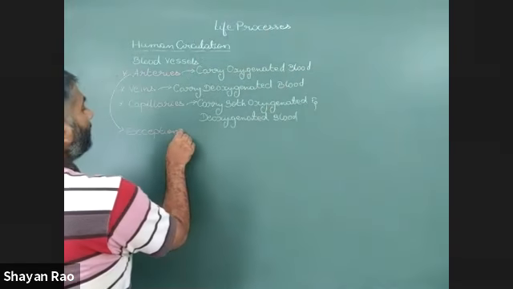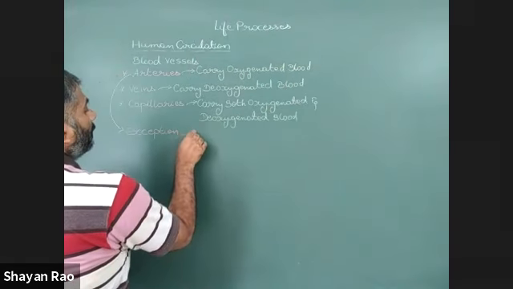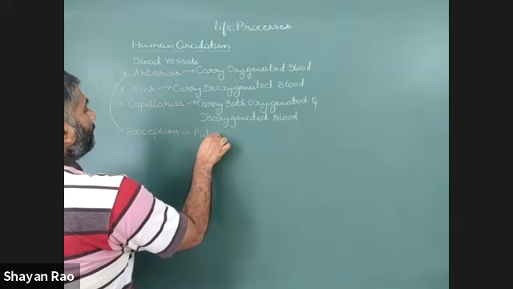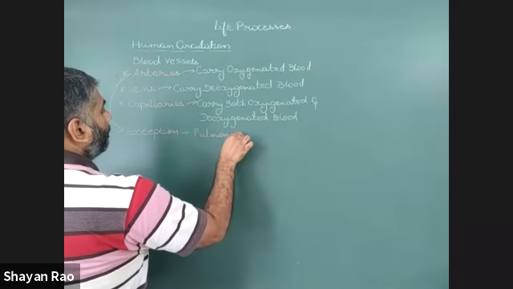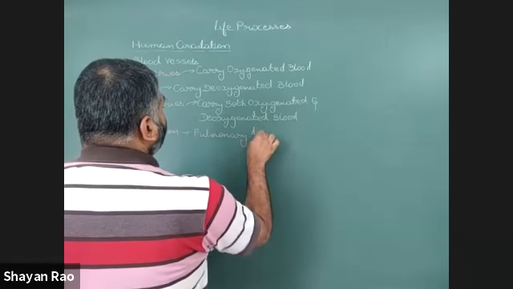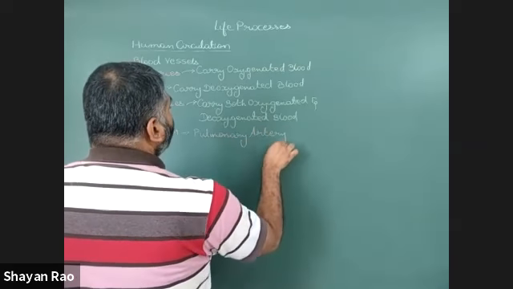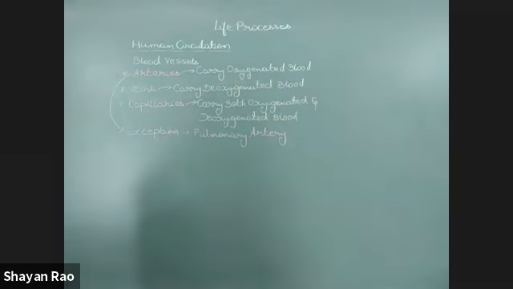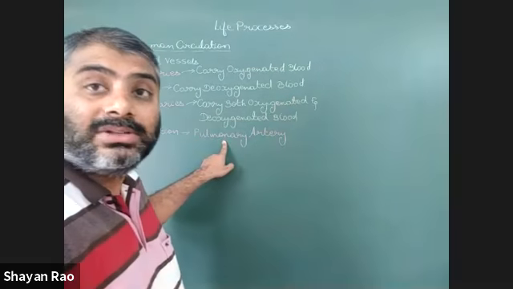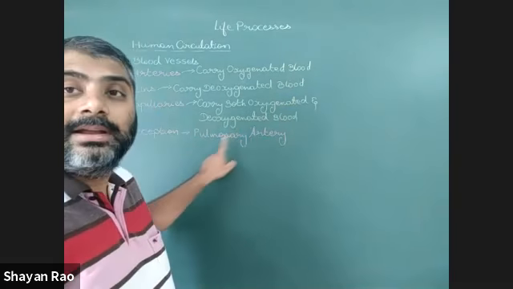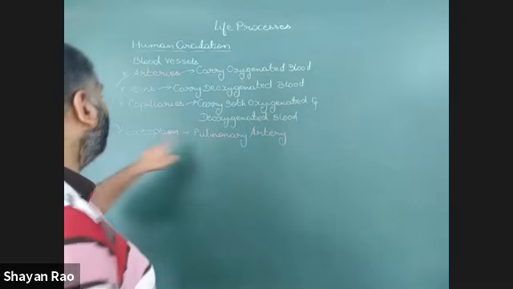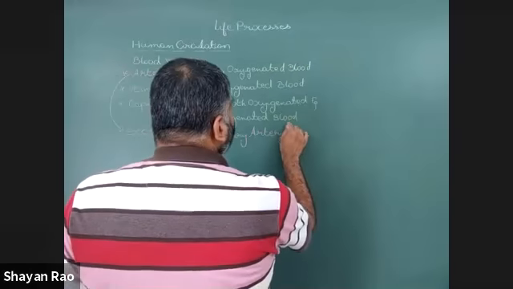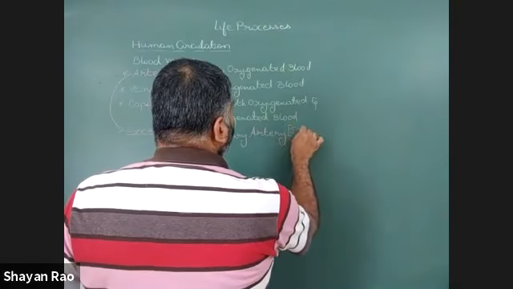That is the pulmonary artery. So the pulmonary artery carries deoxygenated blood. Though it is an artery, it is carrying deoxygenated blood. So that's an exception. This can be asked for a 1 mark question.